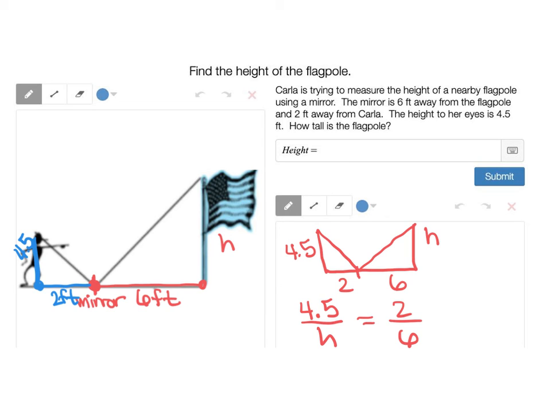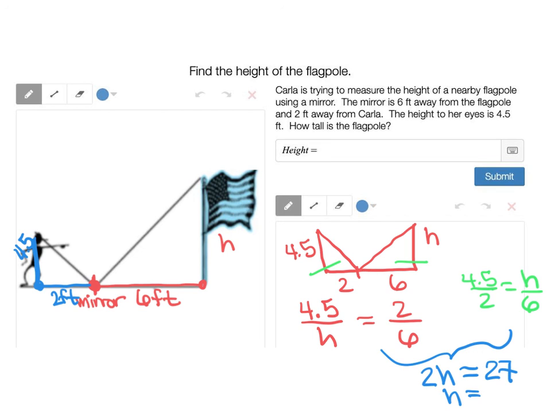Some of you might also have noticed you could go 4.5 over 2, her height to her shadow, flagpole's height to flagpole's shadow. Either way, when you cross multiply, you get 2H equals 27, I believe. So H is like 13.5, I think.